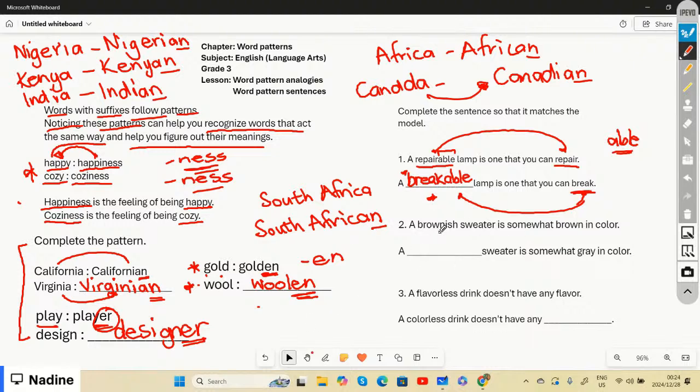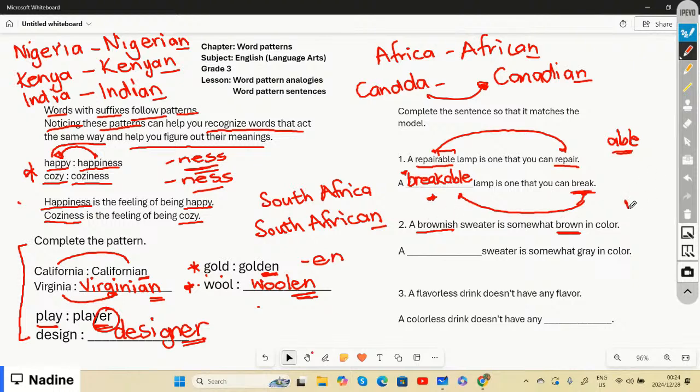All right, the next one says a brownish sweater is somewhat brown in color. Brown. A brownish sweater is somewhat brown in color. Meaning that if you have a somewhat brown sweater, then we can say it is brownish.